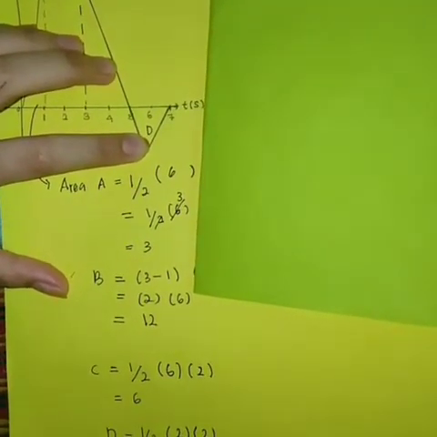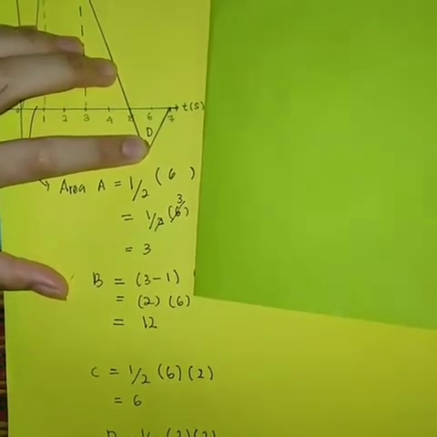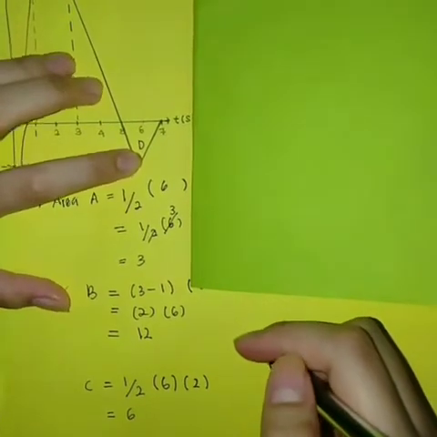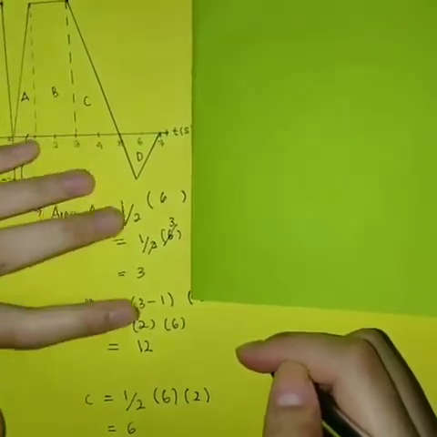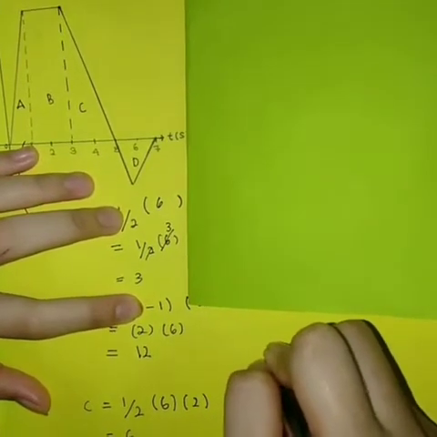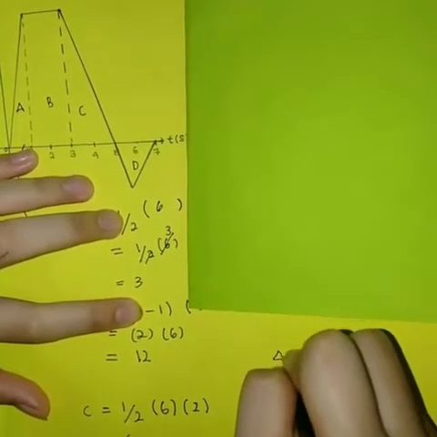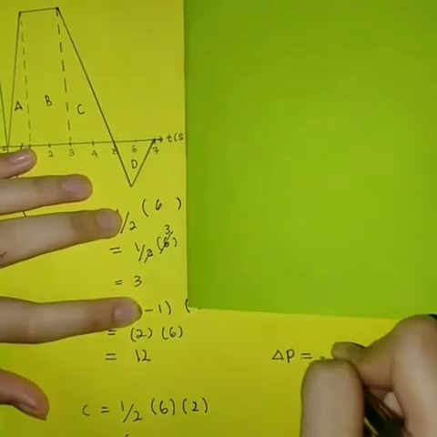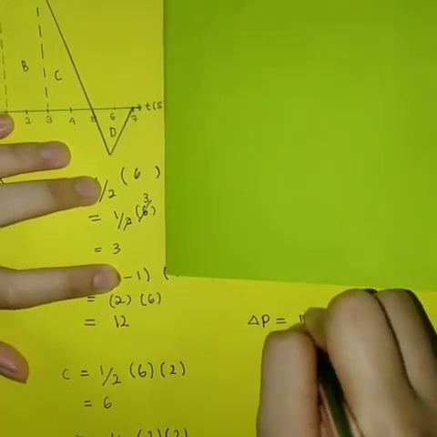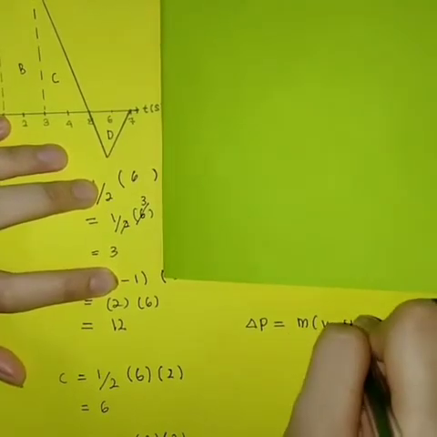So we get 19. So we need to find the velocity. Okay, the velocity we need to use this one, m v w.